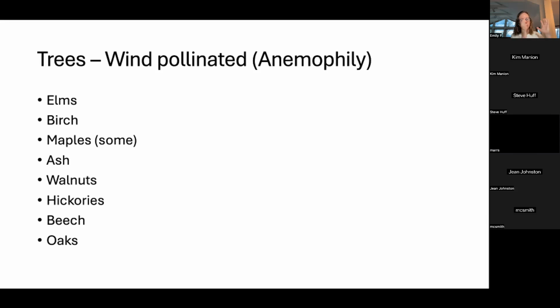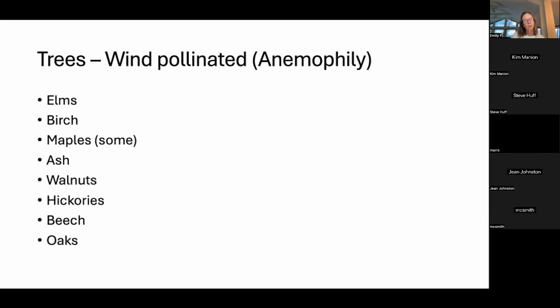So even though our magnolia was our first flower, we had a lot of plants decide, these insects are not cutting it the way that I want them to, and they sort of swoop back into having modified flower parts in order to be wind pollinated. So these are going to be trees that are releasing pollen in the wind and hoping that female flowers catch that pollen and finish off the pollination process.